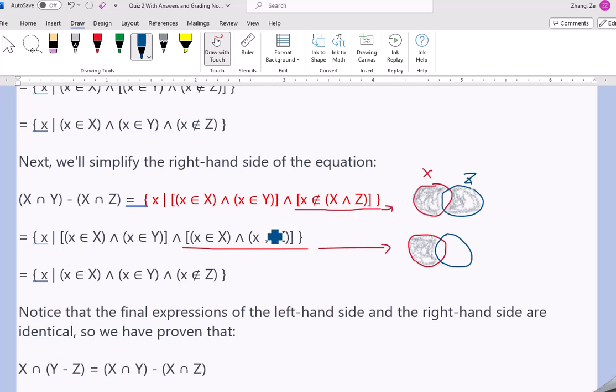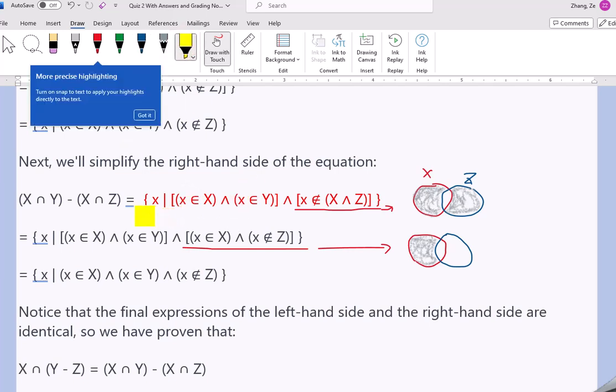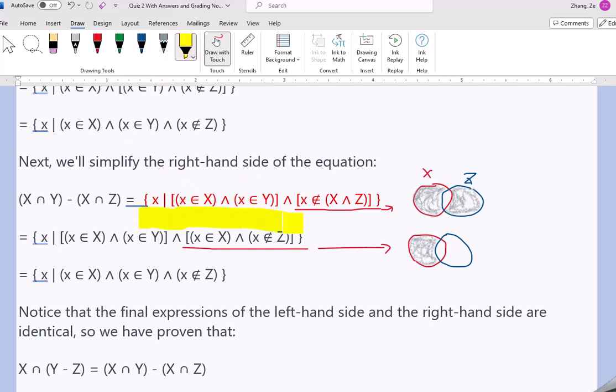So then, in some of your solutions, you directly write down this. Notice the first part is the same as this part.